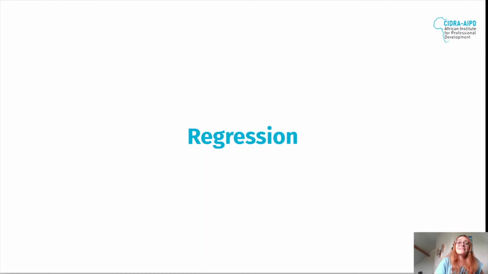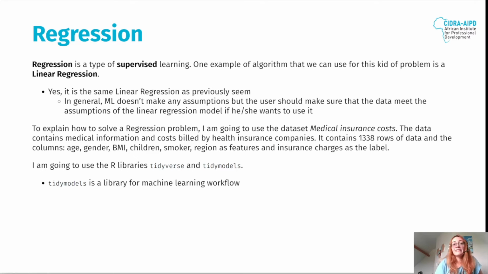Now we're going to start diving deeper into each one of these different supervised learning model types by showing you the examples. You've been waiting for this moment: the examples in R. So, starting with regression. Regression is a type of supervised learning algorithm, as you know by now, and it is the kind of algorithm that can be solved, for example, with a linear regression.